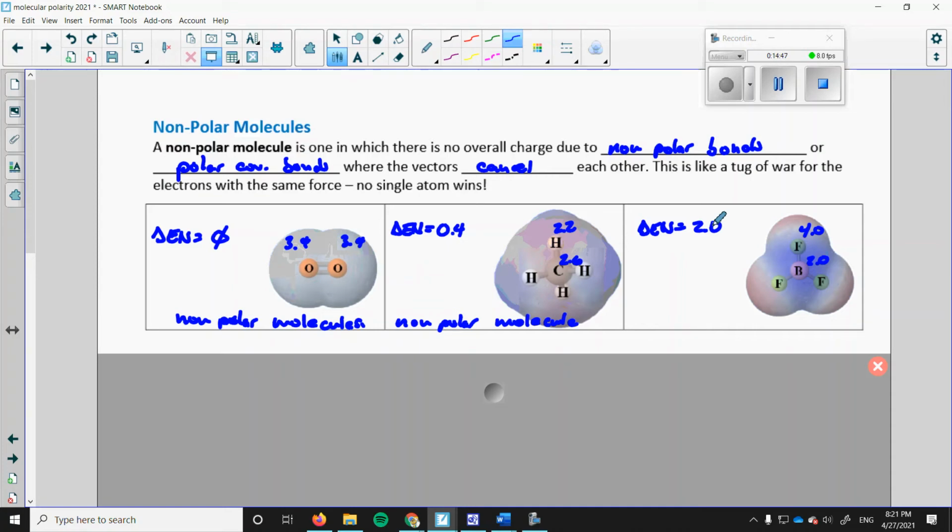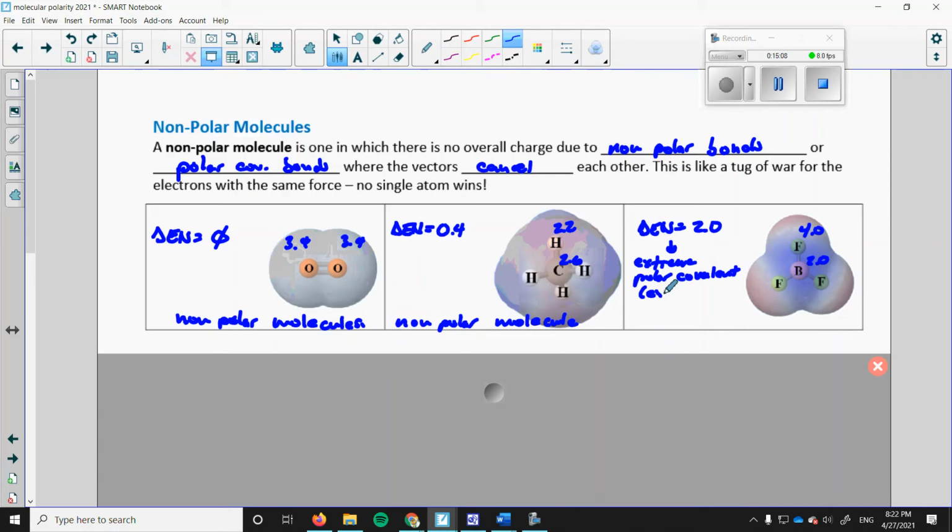So when you have some substances like this one, even though you're at 2.0, you still have a polar covalent bond, but it's an extremely polar covalent bond. Okay, so this is an extreme polar covalent bond.